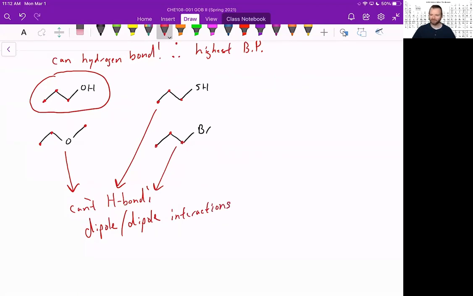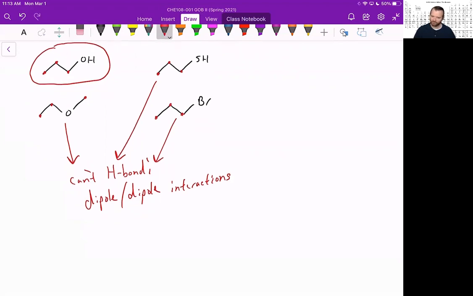So predicting their physical properties, like does an ether have a higher melting point or boiling point than a thiol versus a bromine, that's a little bit harder to predict based on what you know, but in general, sulfur and most halides, exception being fluorine, but fluorine can hydrogen bond.